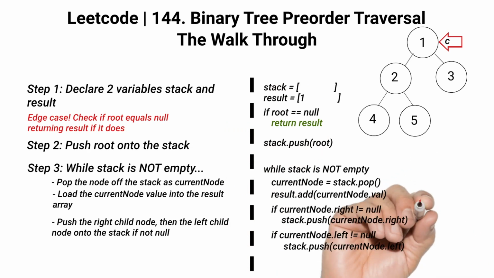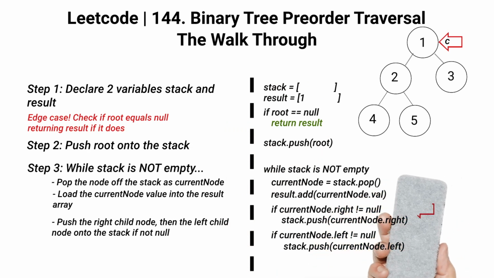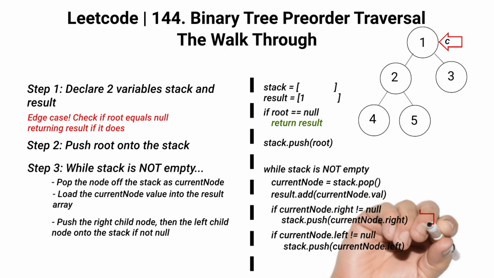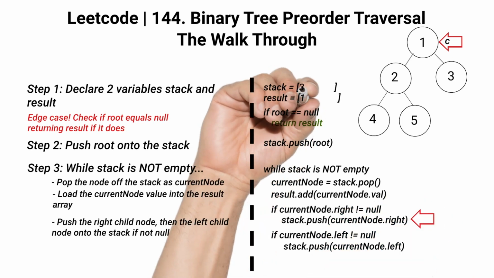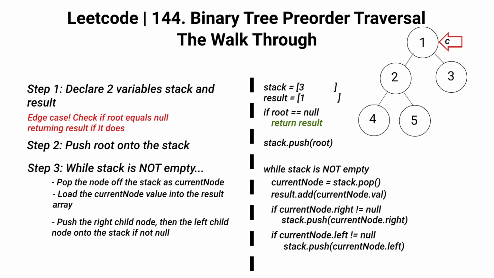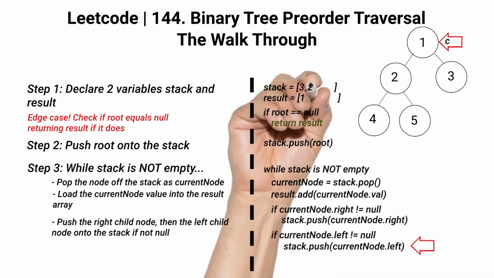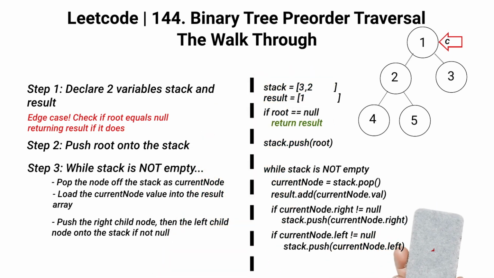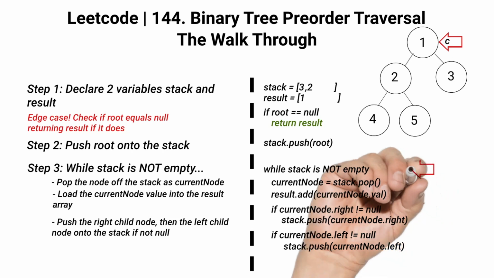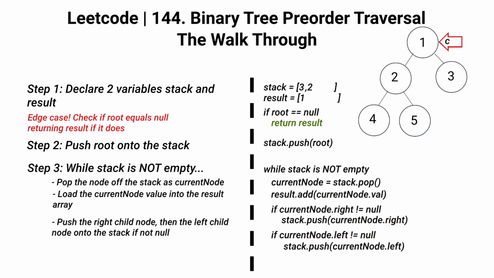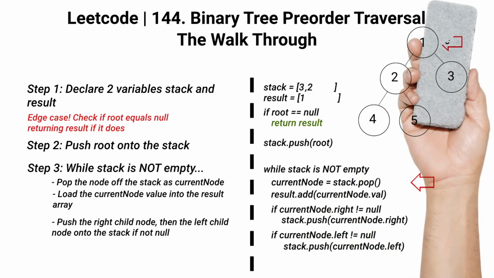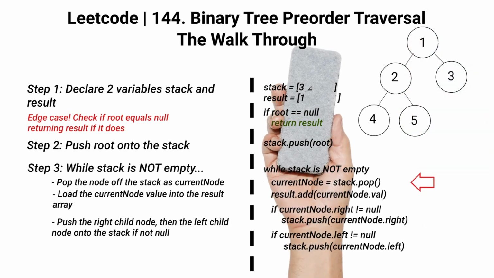Check if it has a right hand child, which it does, which we can see is the 3 node, so then push the 3 node to the stack. Check if the current node has a left node, which it does, which is the 2 node. So push the 2 node to the stack, and then we'll check if the stack is not empty, which it's not. Pop the stack, so the current node is now equal to the 2 node.